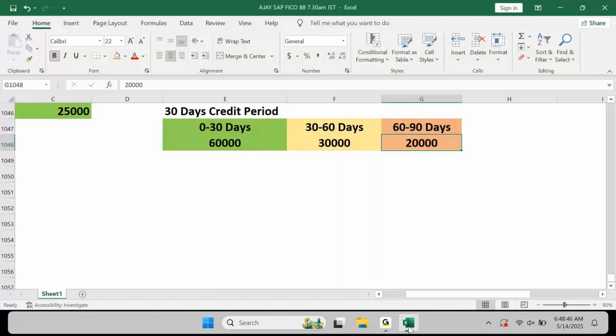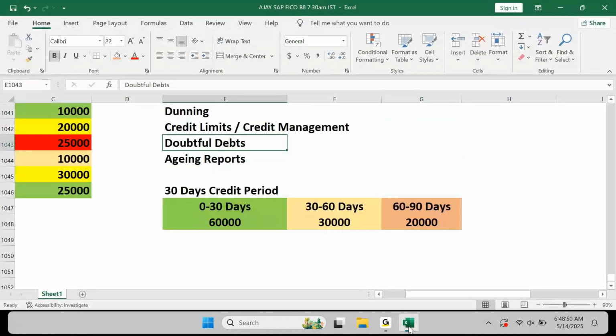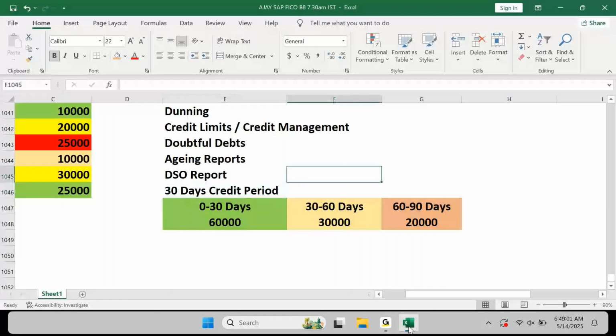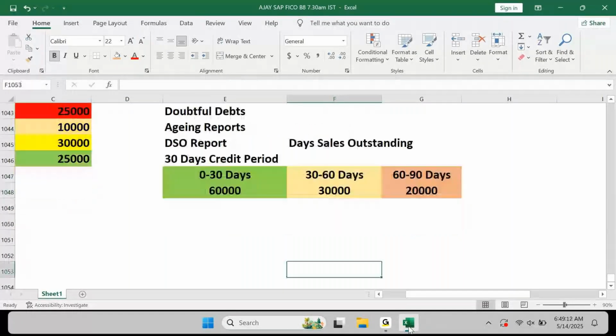Assuming all these points they took into consideration, they also need to ensure something called DSO reports. When you say DSO report, what is this DSO meaning? Days sales outstanding. This will give you within how many days you are ideally collecting the payment.